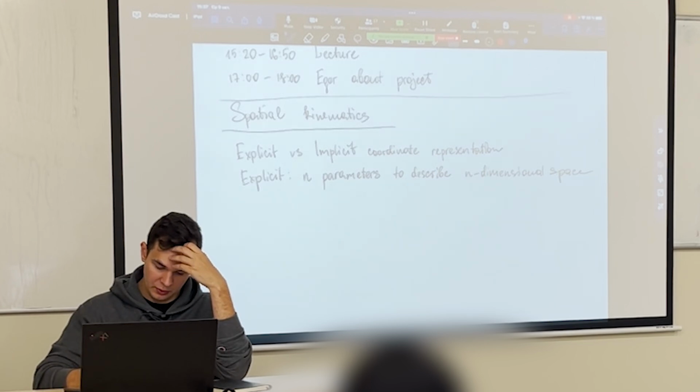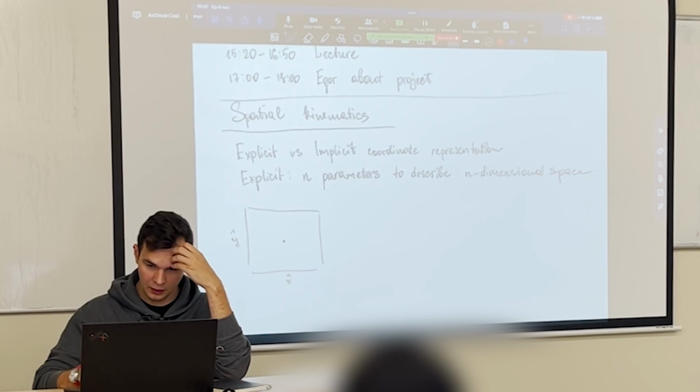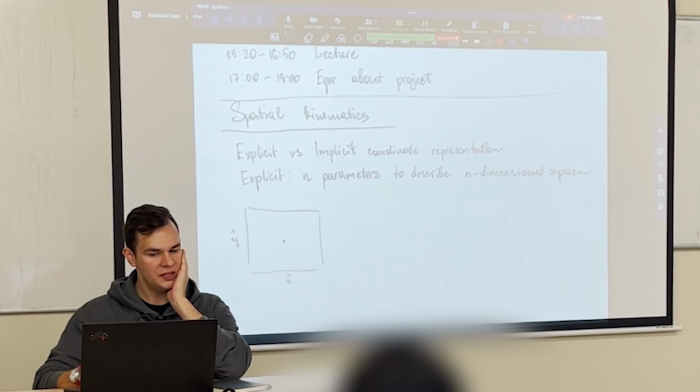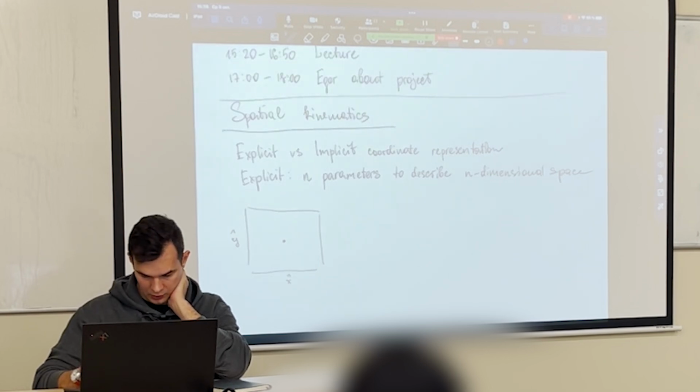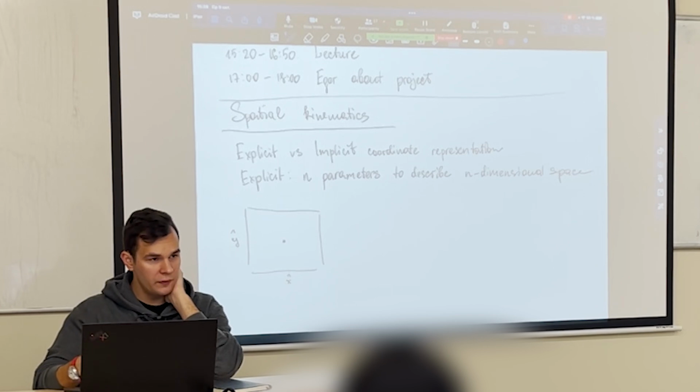For example, if you consider a point mass, or just a point on a plane, with x and y, you need 2 numbers to describe position, and the velocity will be a time derivative of it.